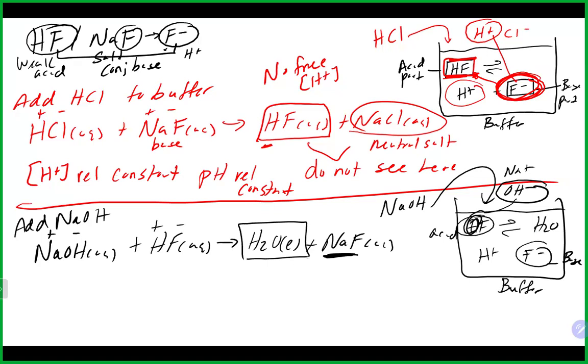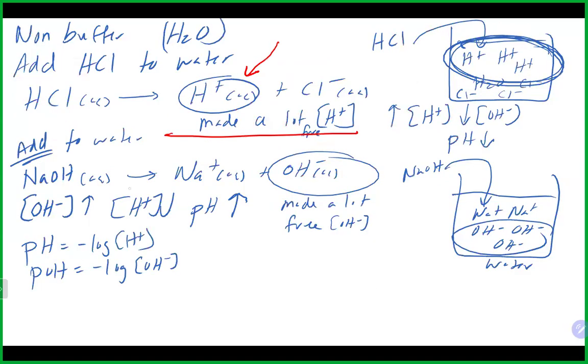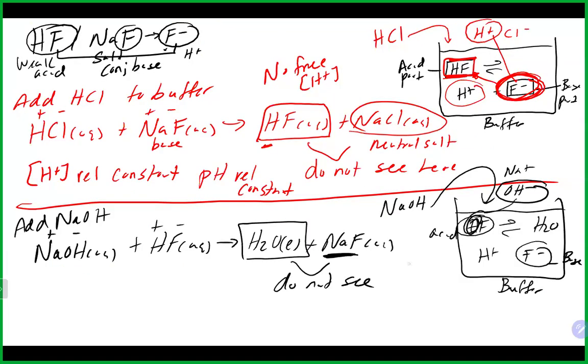It is once again what we do not see here that we saw when we added the OH minus to water. When we added the OH minus to water, we had a bunch of OH minus basically being made, right? So when we add that sodium hydroxide to water, we produce a lot of OH minus really quickly. In this case, we do not see any free OH minus.